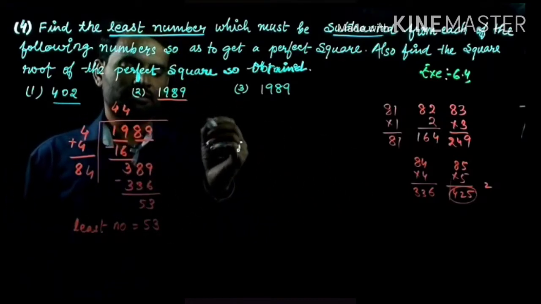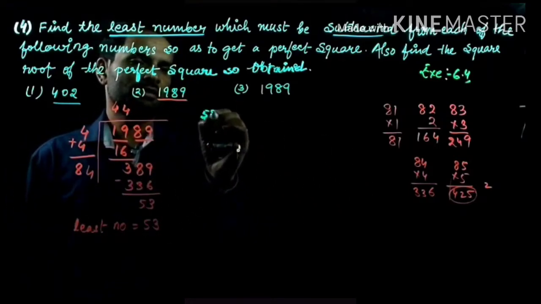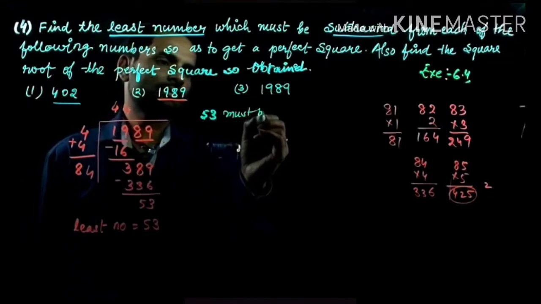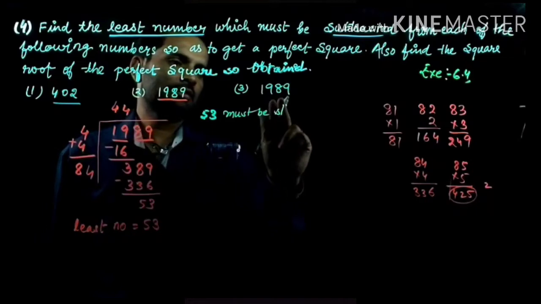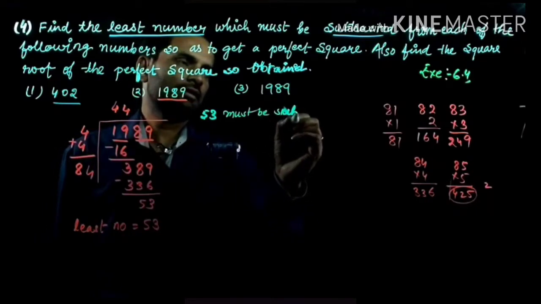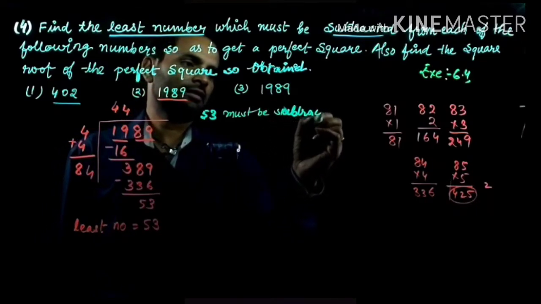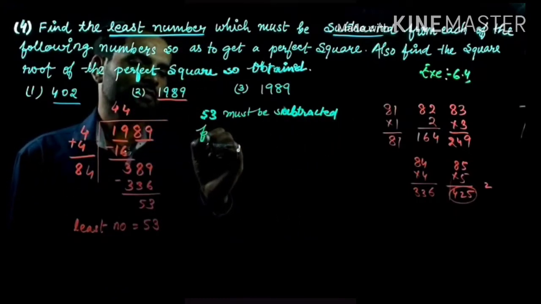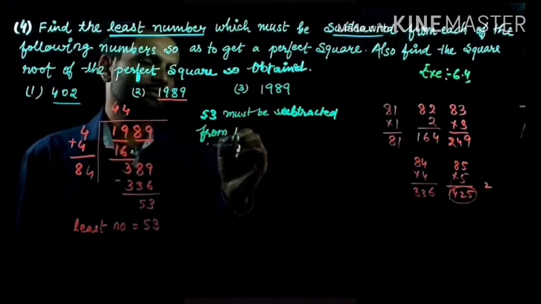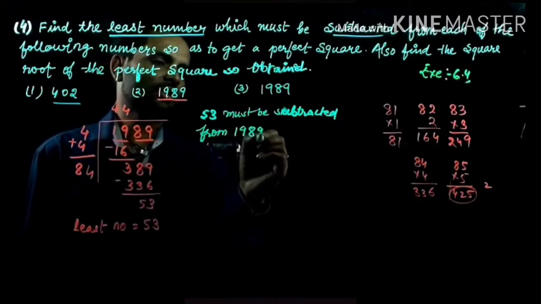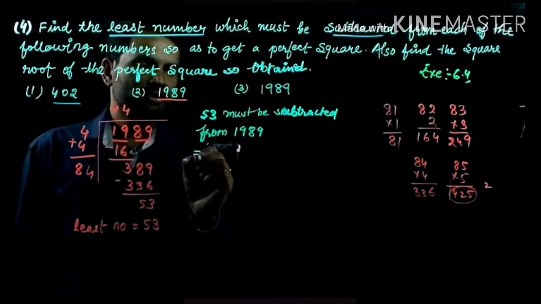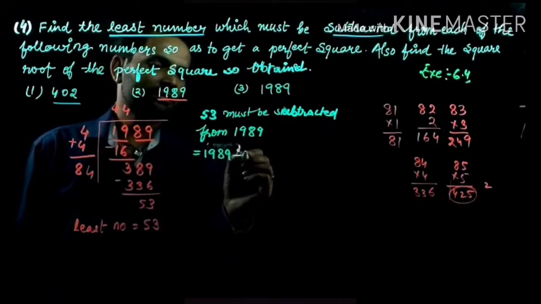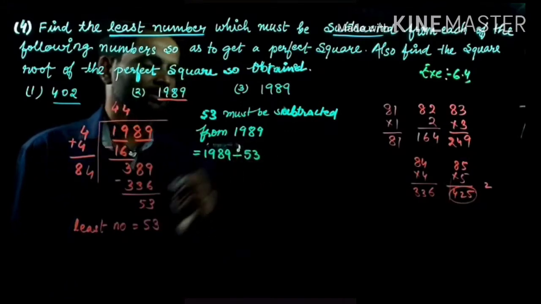It means that 53 must be subtracted from the given number, 1989. Okay, so you write 1989 minus 53.